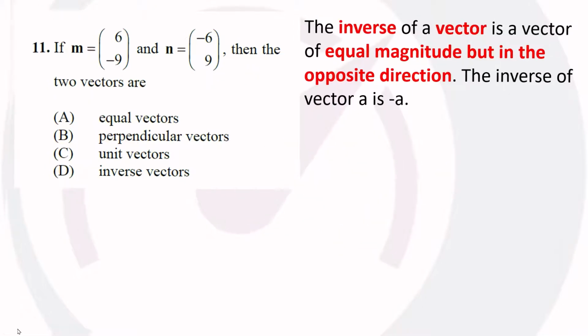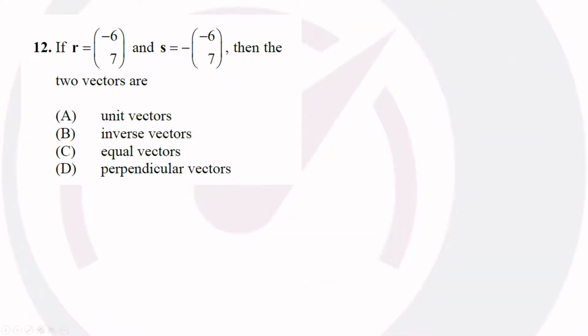So let's look at question 12. Now you tell me the answer. If R is negative 6, 7 and S is negative 6, 7, then the two vectors are what? Tell me, I'm waiting.